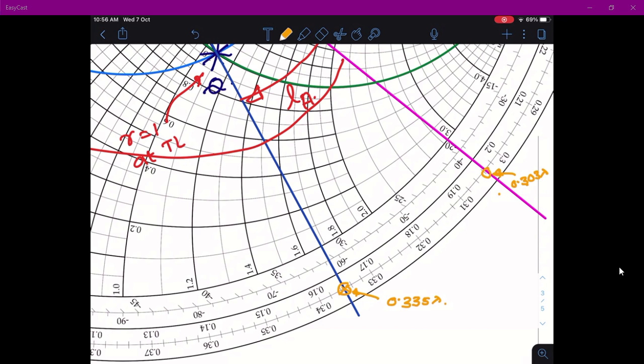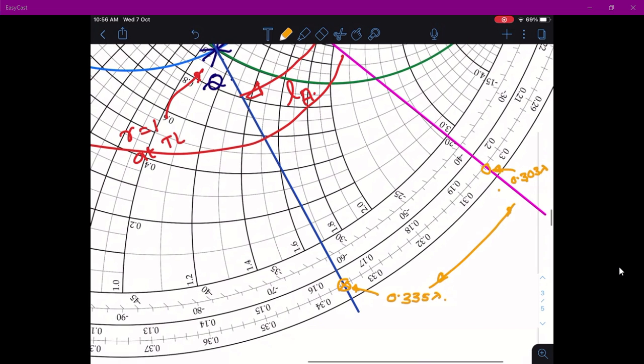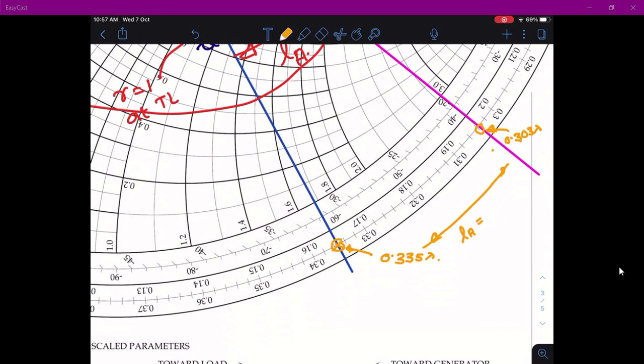So your LA is equal to 0.335 lambda minus 0.303 lambda. Make sure you take the distance only in this part, because this is the wavelength towards generator.